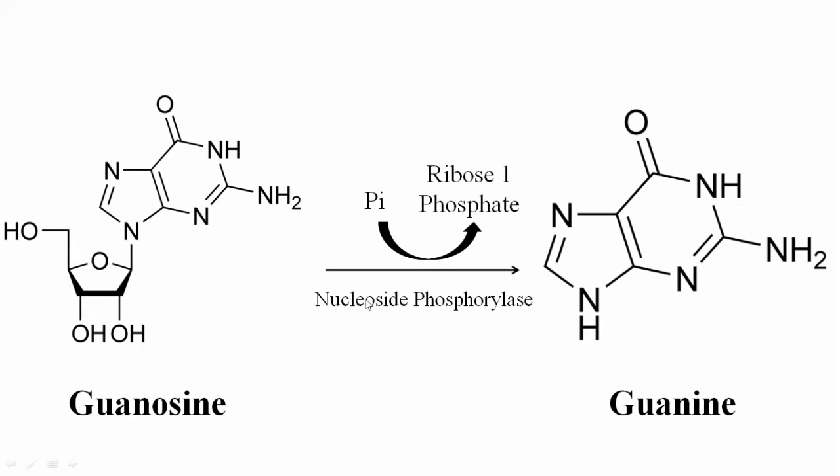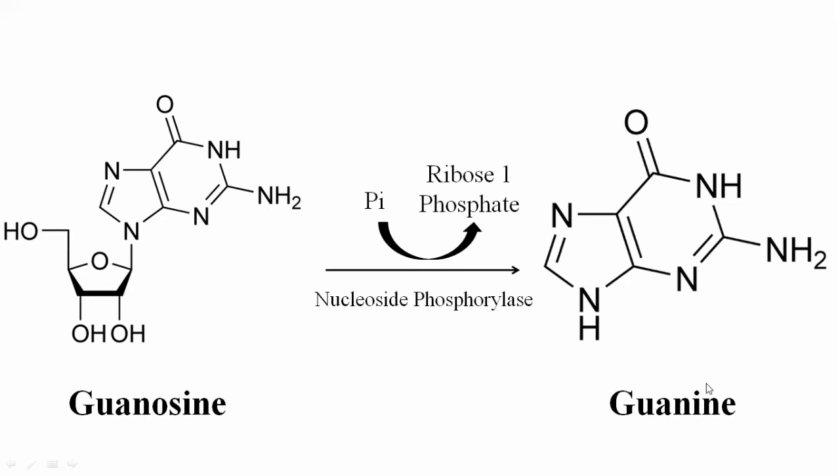Then this nucleoside phosphorylase enzyme cleaves the bond between this guanine and this ribose sugar with the help of this phosphate group. So this phosphate is attached to the first carbon of this ribose sugar, then it will become ribose 1 phosphate, and then this guanine is set free. So guanosine is converted into guanine with the help of the enzyme nucleoside phosphorylase.